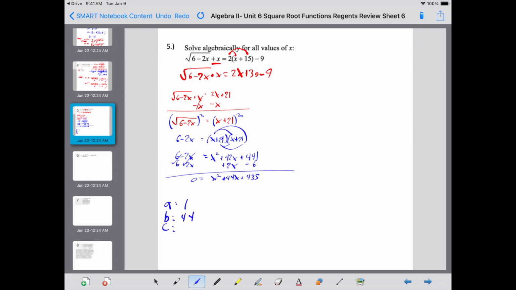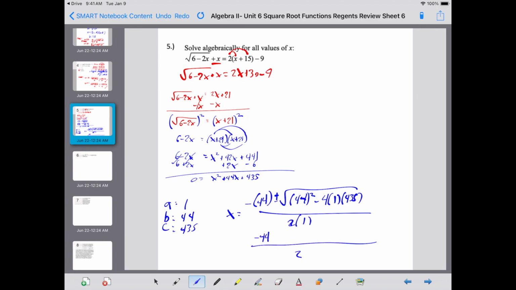1, 44, 435. X equals negative 44 plus or minus radical 44 squared minus 4 times 1 times 435 over 2 times 1. Negative 44 over 2, plus or minus, radical.